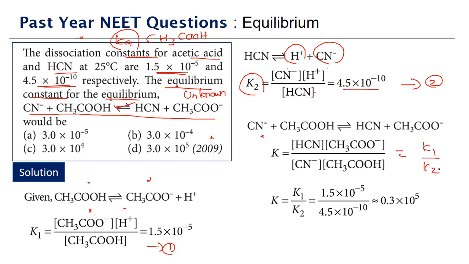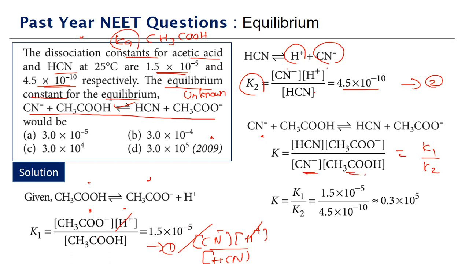If you divide K1 by K2, where K2 is CN minus into H plus by HCN, the H plus and H plus cancel. HCN will go to the numerator and the denominator will be CN minus and CH3COOH.